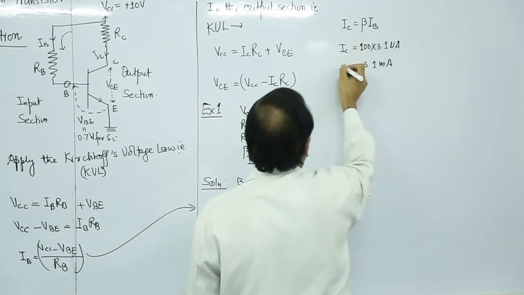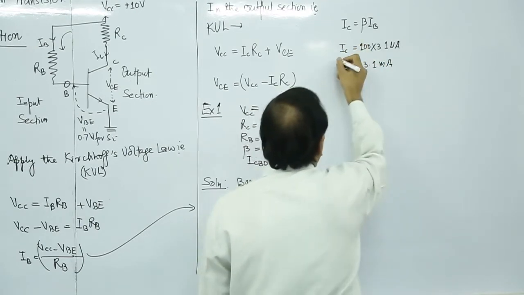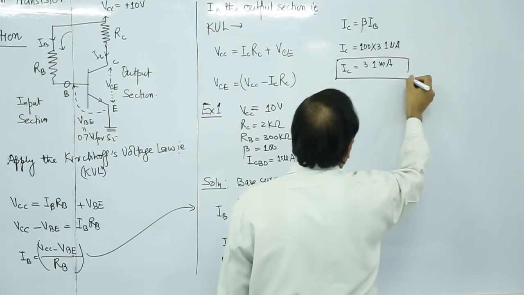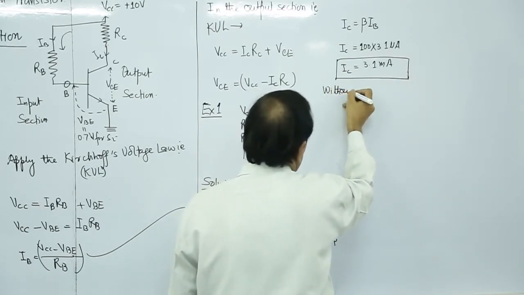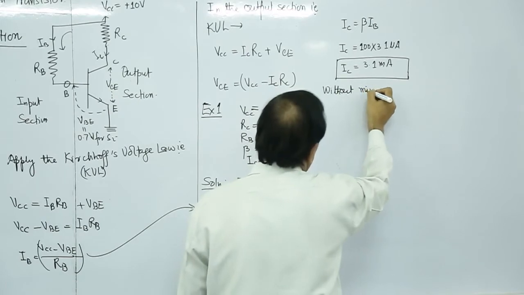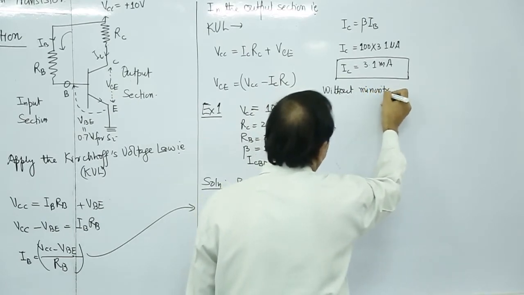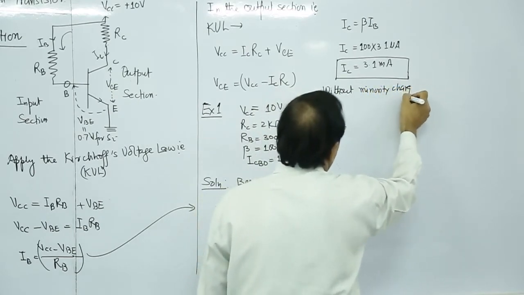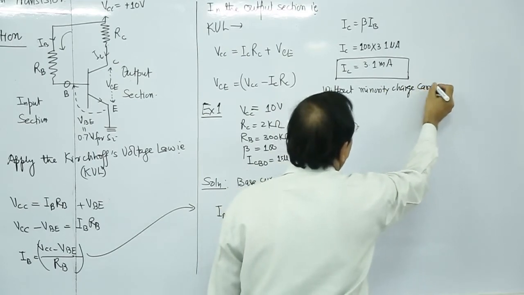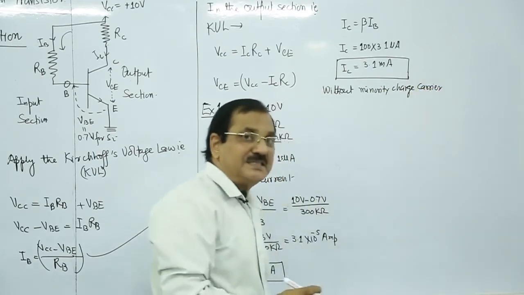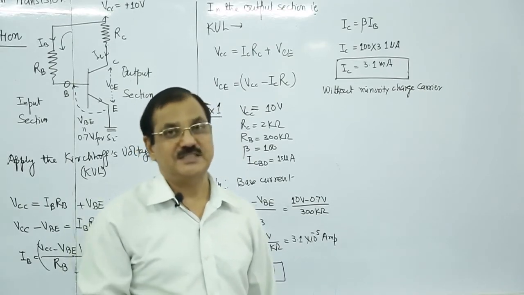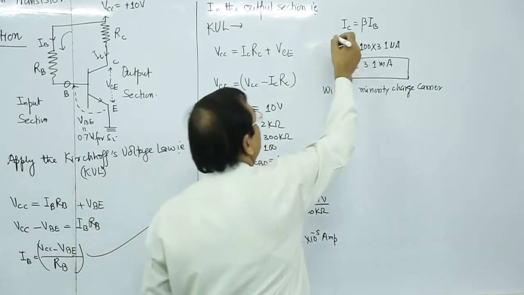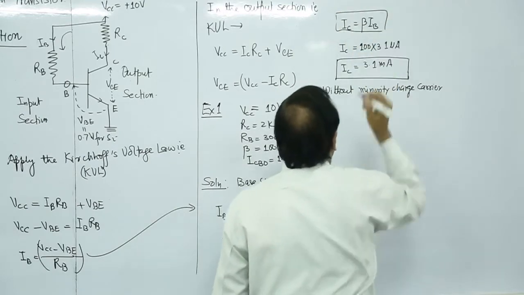This is IC. So this IC is without the minority charge carrier. We are not considering the minority charge carrier in our consideration because we just have the formula.